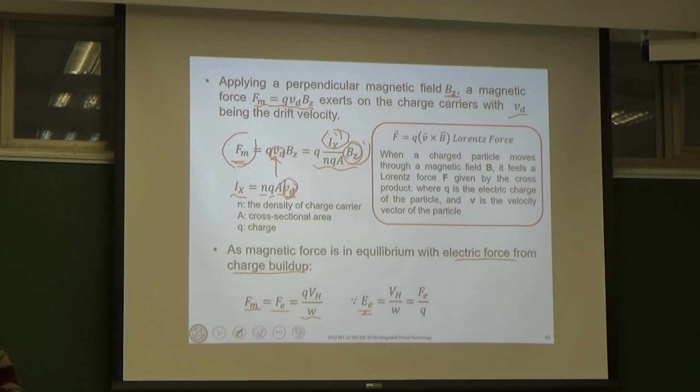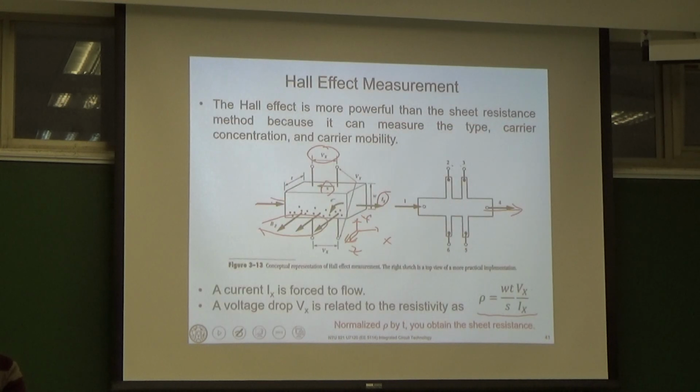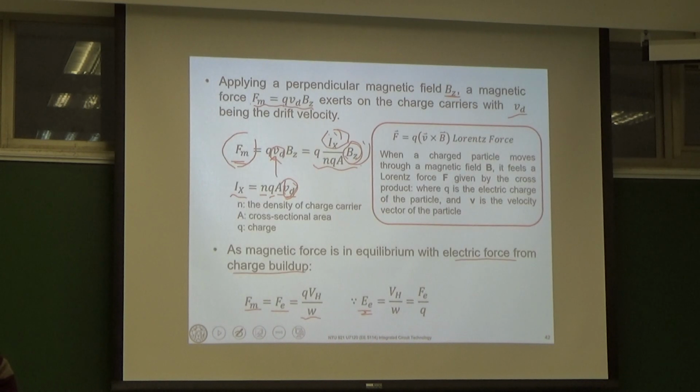If you have charge, this magnetic force will try to move your charge to the bottom of this material, but that will cause charge to build up there. So there has to be another force to counter this effect, and that will be your electrical force.